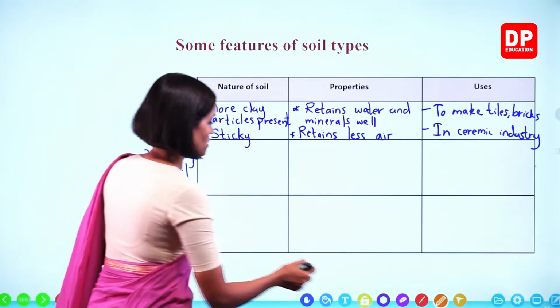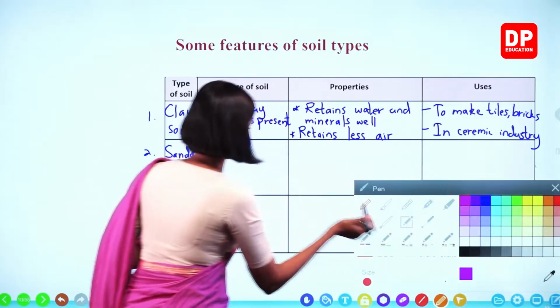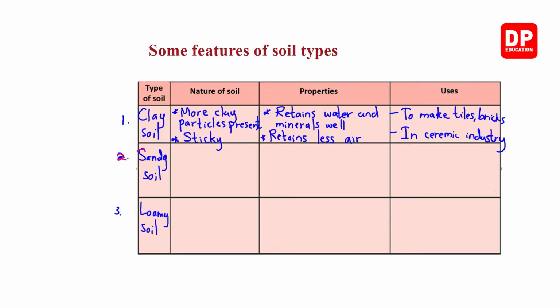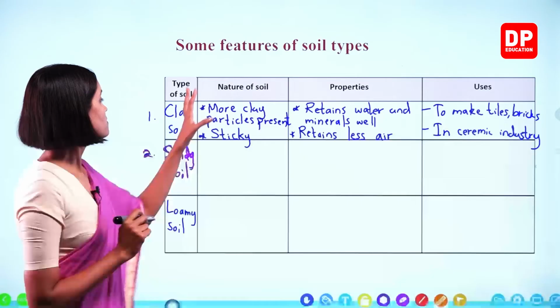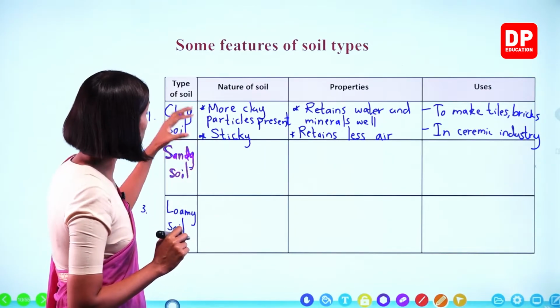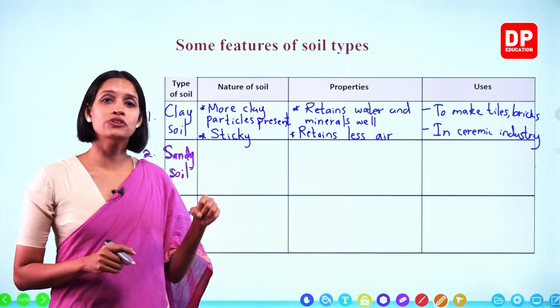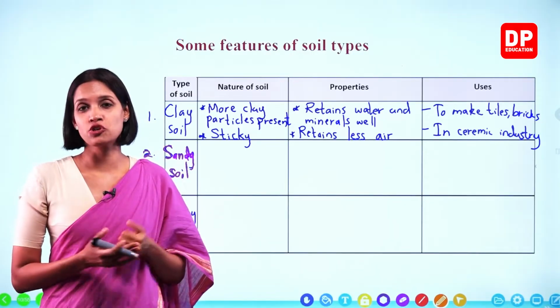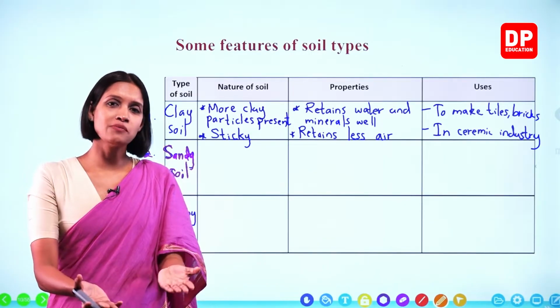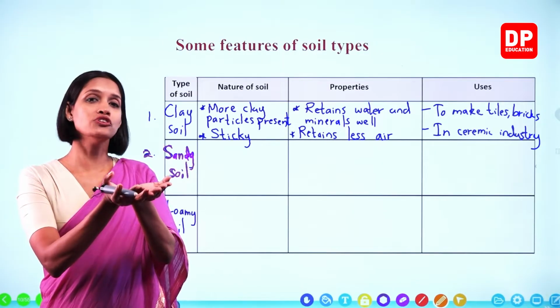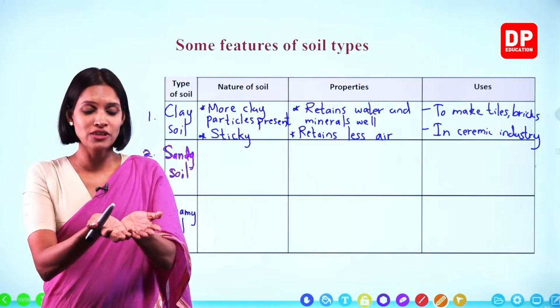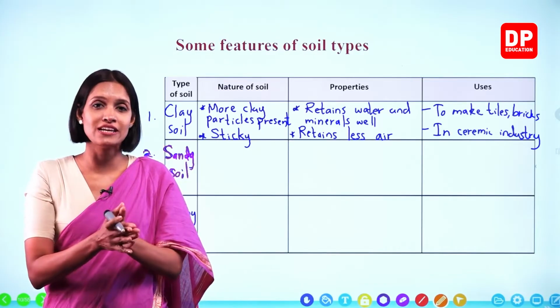Second one is sandy soil. We will use a different color for this one so that we can see clearly. Sandy soil. What is the nature of sandy soil? More sand particles present. When you go to the beach, you know that the beach has sandy soil. If you take some of this sandy soil in your hands, you know that the sand is very loosely arranged.